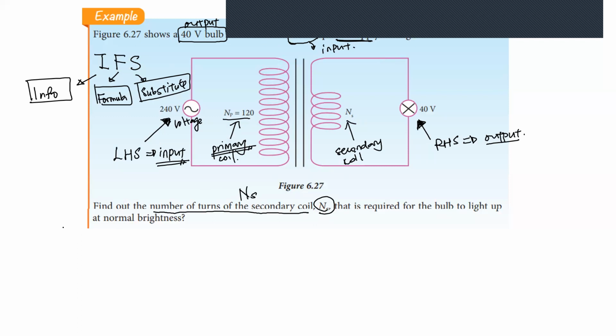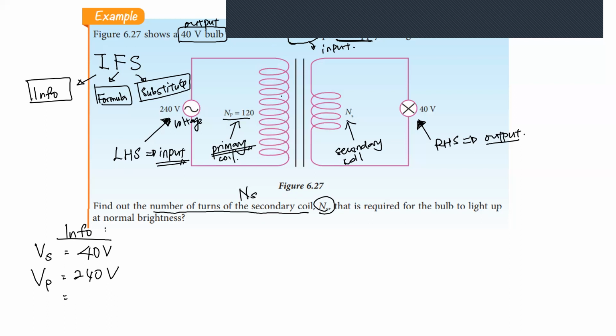Okay, so first step, info. I would like to write according to the sentence. A 40 volts bulb means this is the output voltage, secondary. 240 volts would be the primary input.